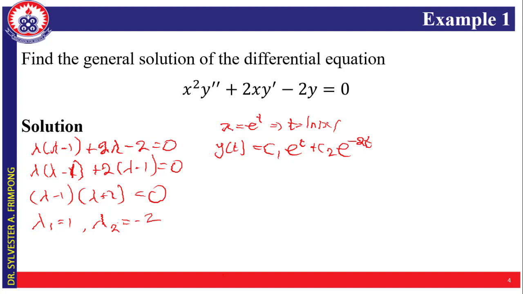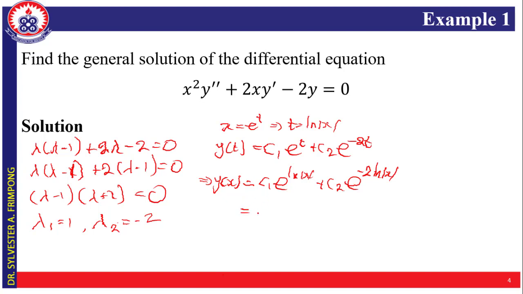Then after that, because we did this transformation, if you are now looking for y of x and we are replacing t by ln x, we are going to have c1 e raised to the power ln x plus c2 e raised to the power negative 2 ln x.